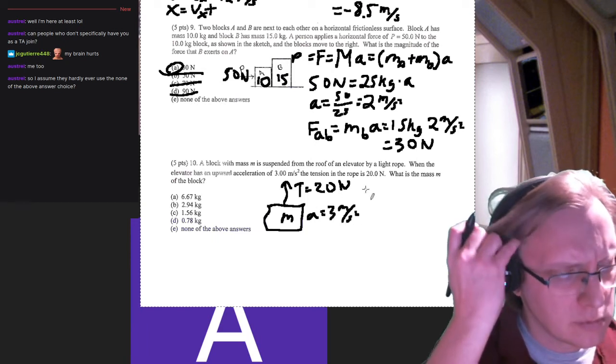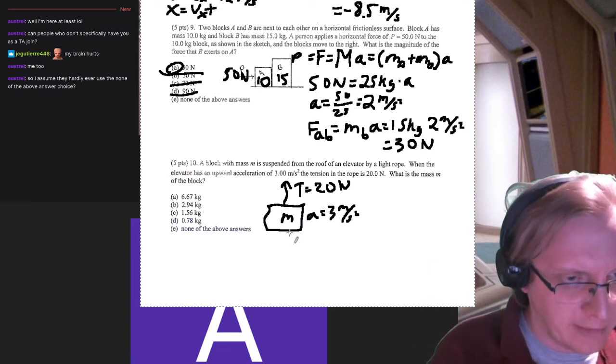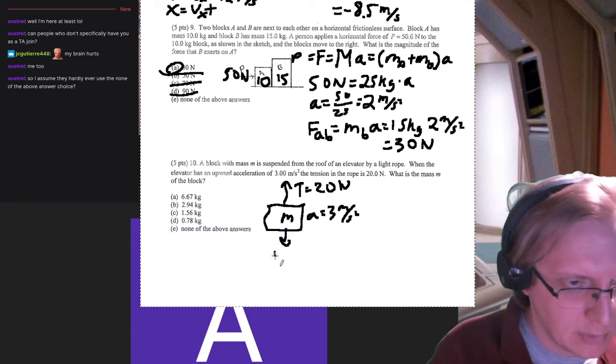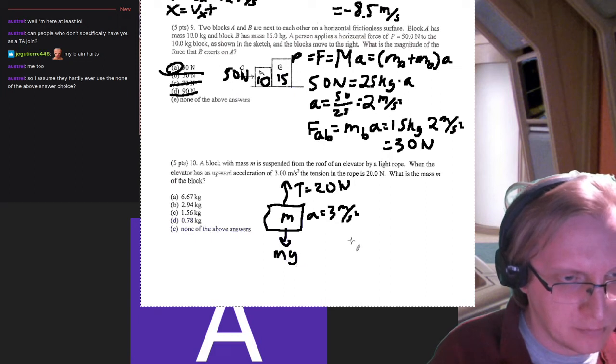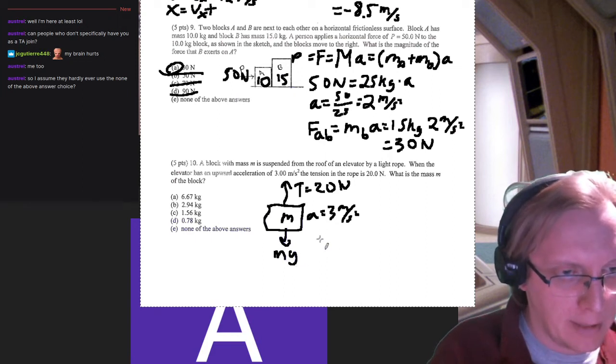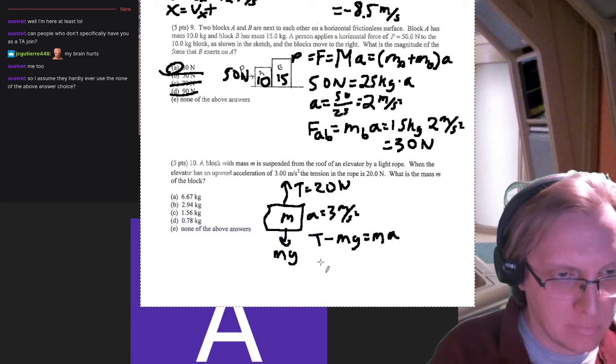All right. Well, it also has gravity, mg. Okay. So our sum of forces, T pulling up minus mg pulling down, is equal to ma. Solve for m.